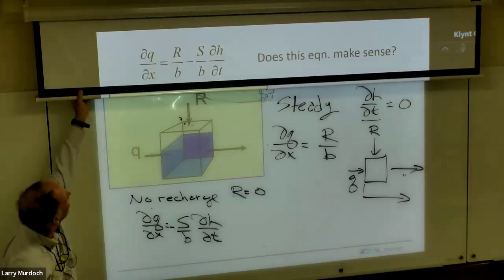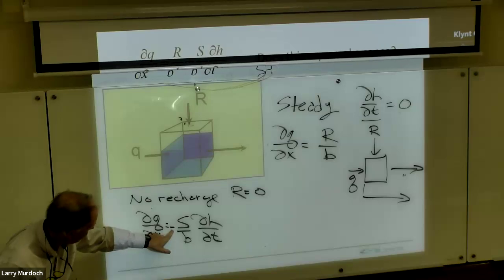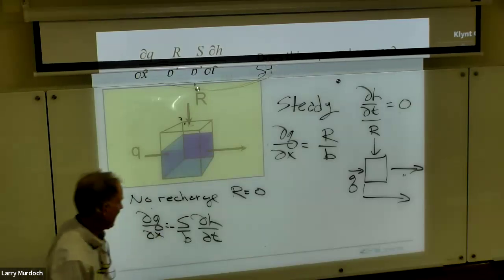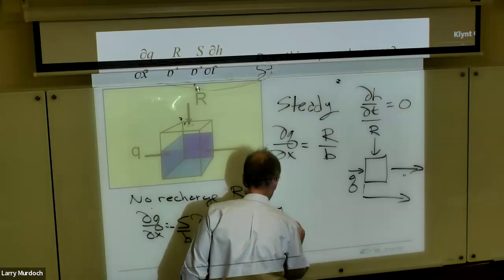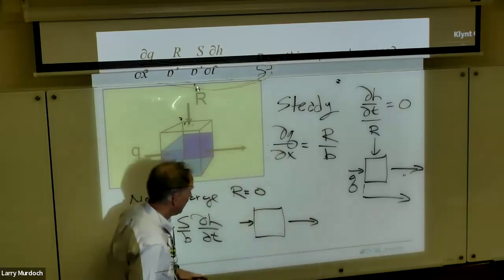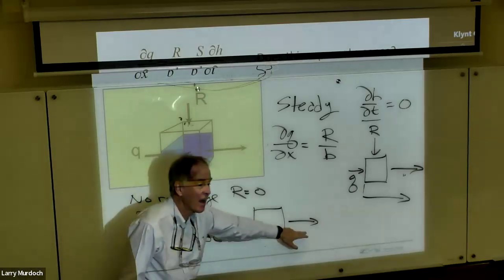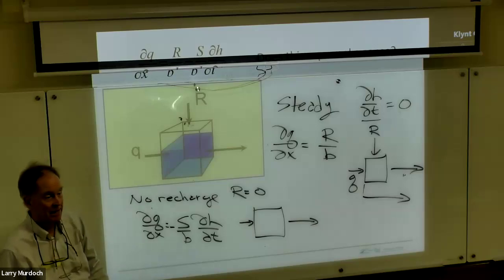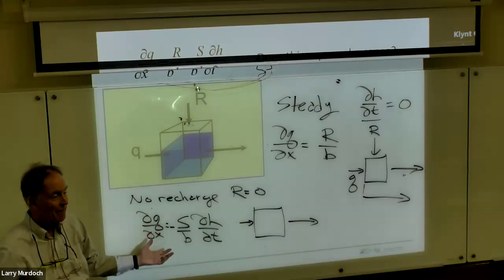Great. So if we let r equal 0, then we just have this with a minus sign right there. So let's say we have a situation like that. There's more flowing out than it's flowing in. There's no recharge. So how could that happen?